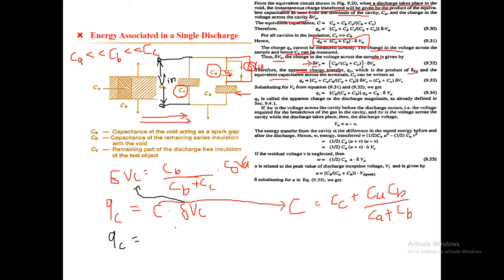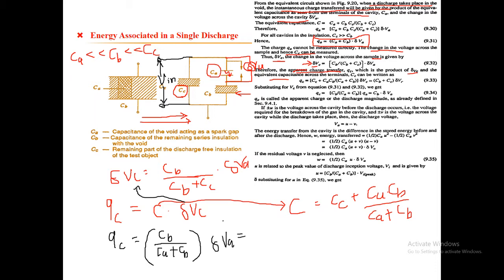So QC will now equal, if we are reducing it, then it will reduce to Cb upon Ca plus Cb into delta Va.